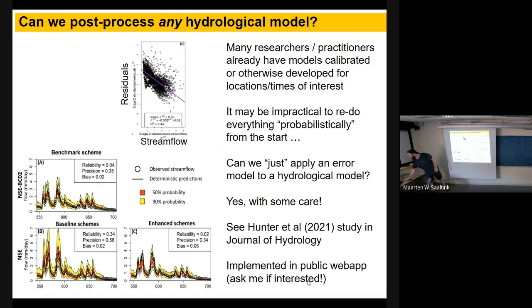And if you don't account for this extra, let's say, structure, then when you do this residual error model on an already calibrated model, you have a fairly visible deterioration in the performance. So this is, let's say, a benchmark when everything is done consistently, using the methods that we discussed until now.